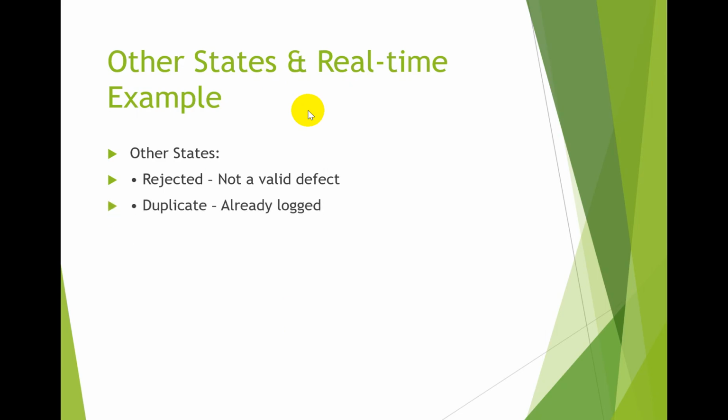If that bug is already logged, suppose in our application 4 testers are working, and I have raised this defect now, but this defect was already raised by my colleague tester or another tester in a previous sprint, then they can mark it as Duplicate, meaning it's already raised or already logged.